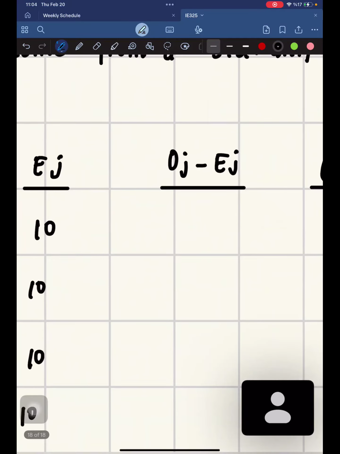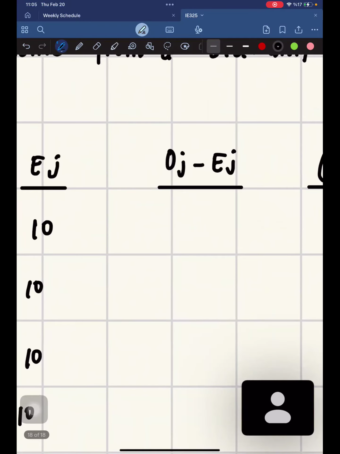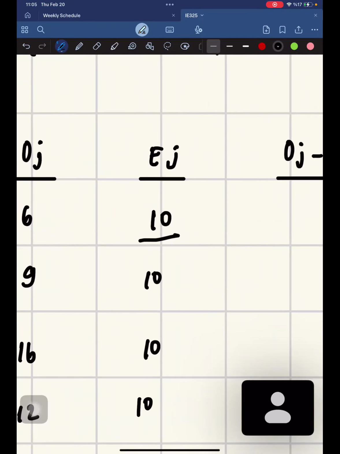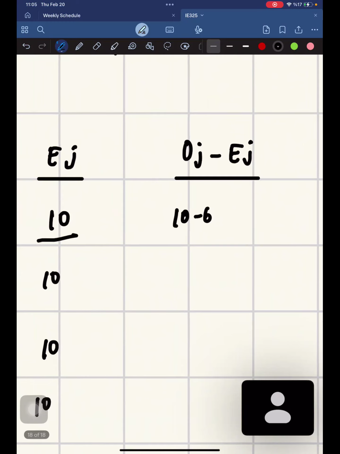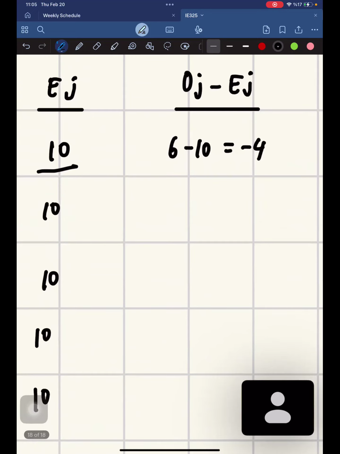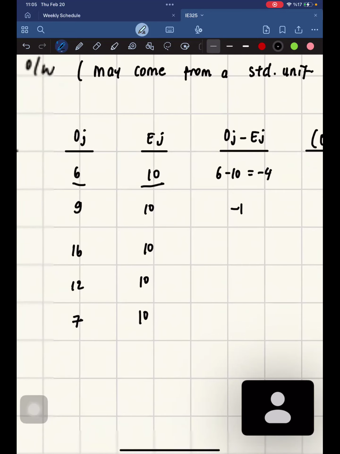So Oj minus Ej: 6 minus 10 is minus 4, minus 1, 6, 2, and minus 3, right?